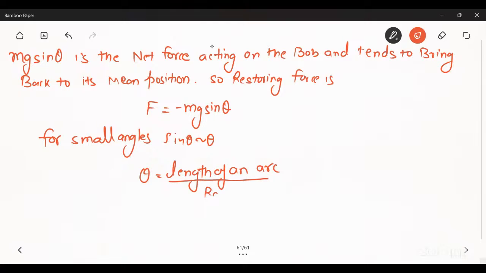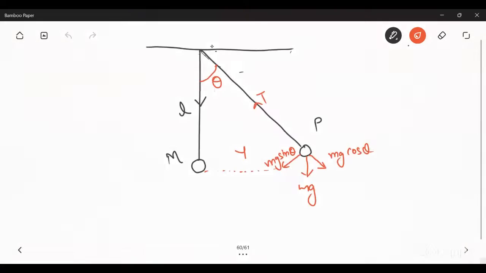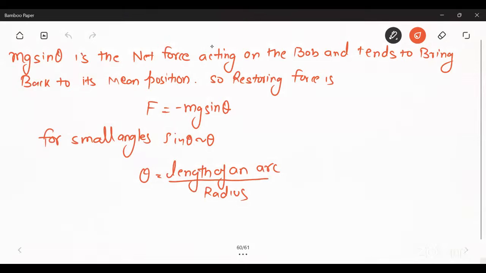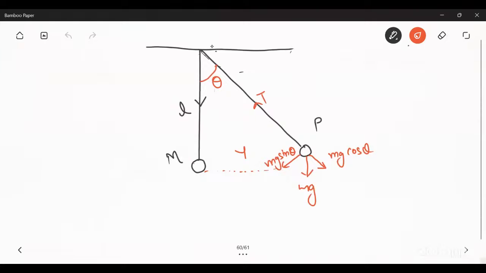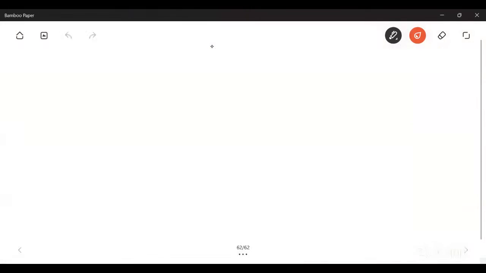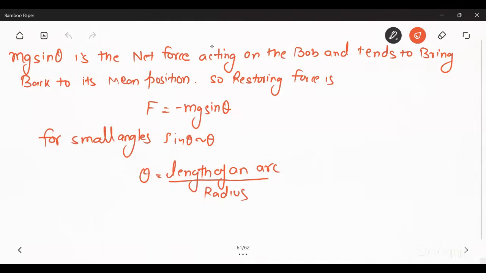See in the diagram, what is the length of arc? The length of arc is y, and the radius will be L, because the length of the string acts as the radius. So theta is equal to y by L.